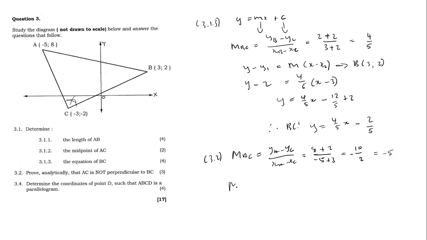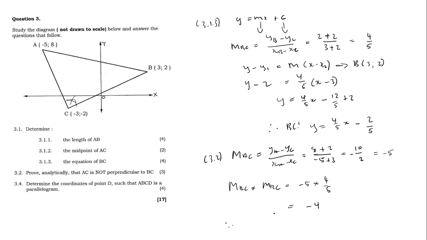Now we say the gradient of AC multiplied by the gradient of BC is equal to how much? Let's have a look. The gradient of AC is -5, multiplied by the gradient of BC, which is positive 4 over 5. When you multiply them together, we get -4, not -1. You're supposed to get -1.